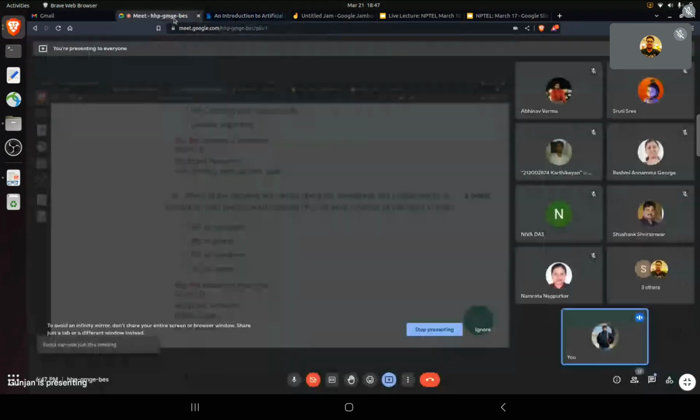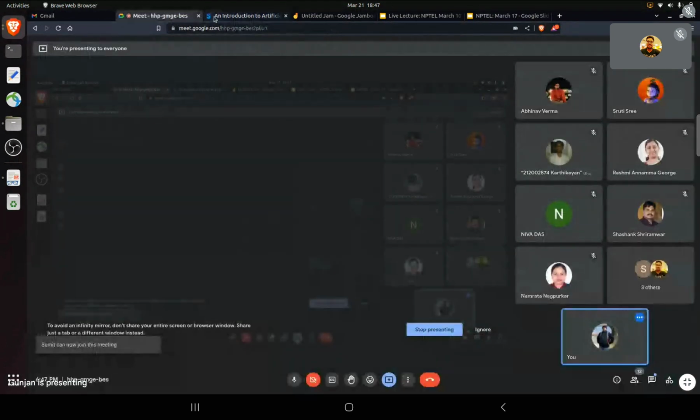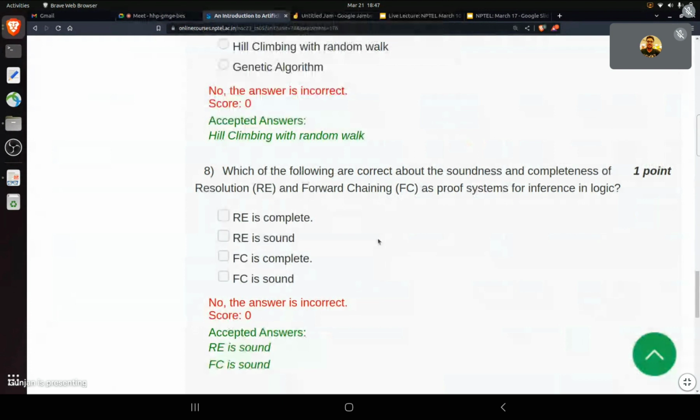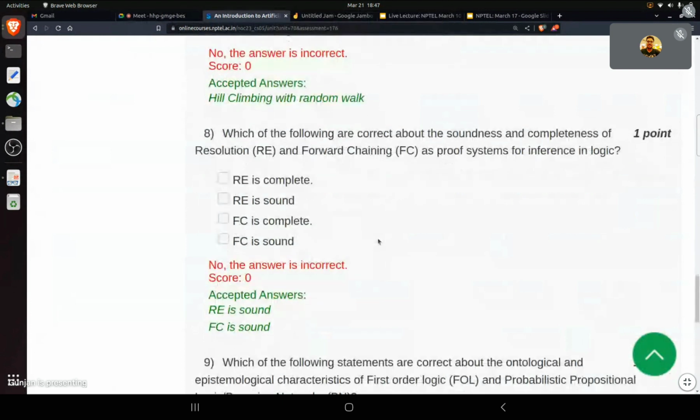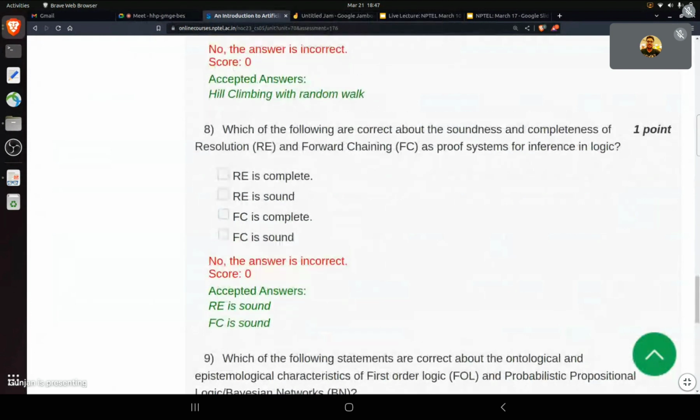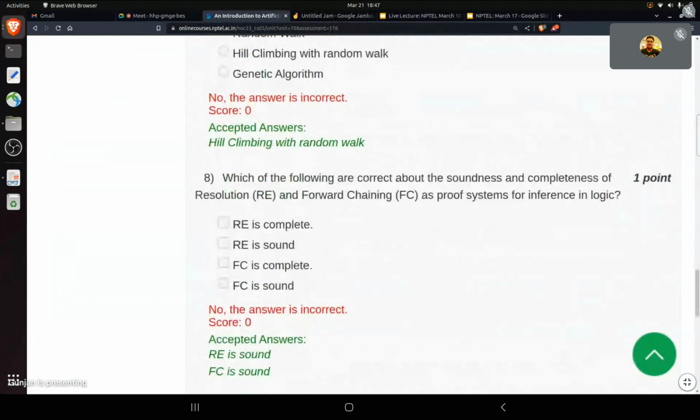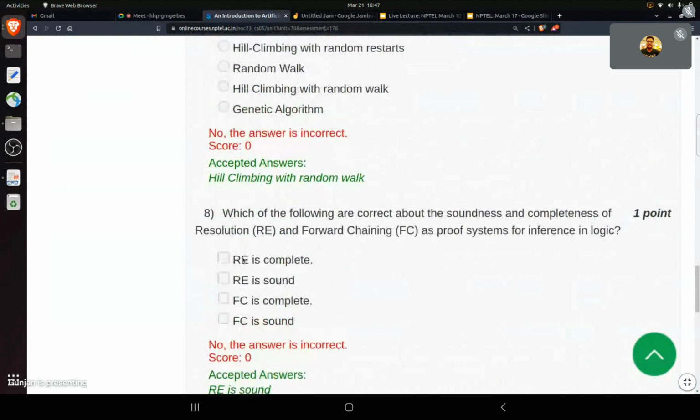Are you guys clear about the distinction of sound and complete? Yes, sir. Sir, you said some line just a few seconds back. Can you repeat that again, sir? Yeah. What I was saying is that in resolution and forward chaining kind of systems, you cannot tell for sure that a clause is satisfiable or that a solution exists.